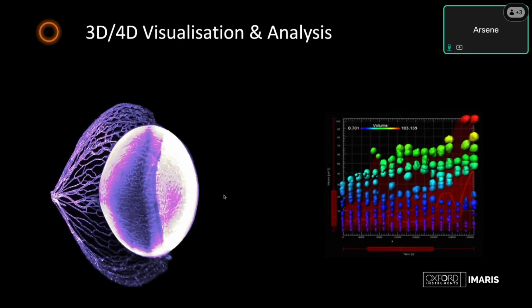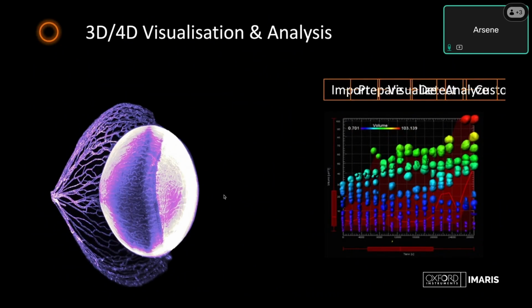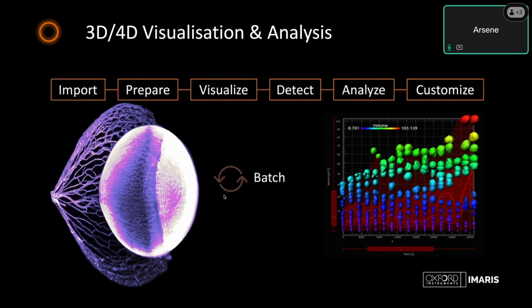Okay, so first, we start with the visualization and analysis part. Usually, to present IMARIS main functions, I will follow an image analysis pipeline with a few applications, starting from how to import your raw data to IMARIS and do some pre-processing before the visualization.